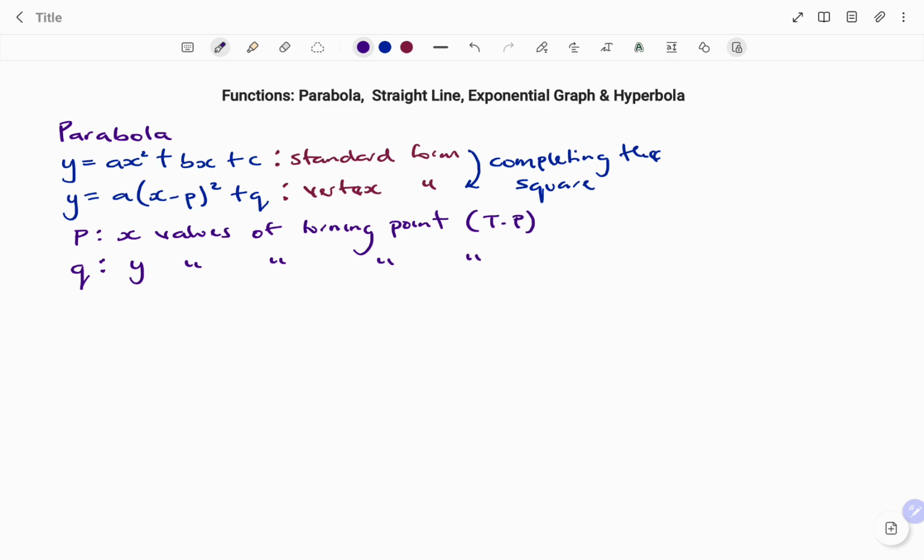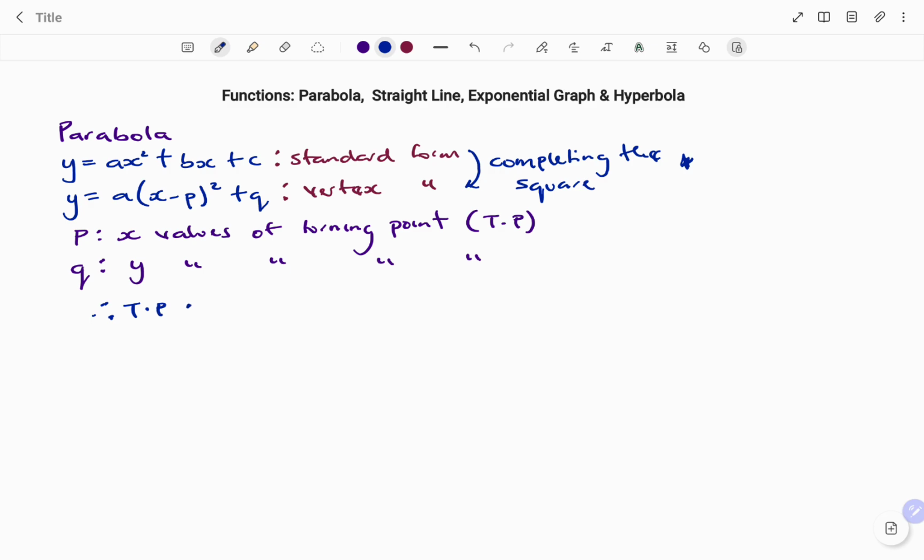So if you're asked to find the coordinates of your turning point, from the equation given, if it's given in the vertex form, or if it's in the standard form, you can convert to the vertex form by completing the square.